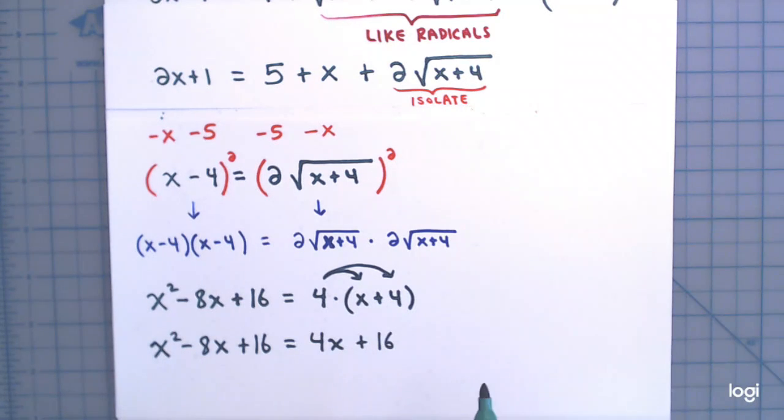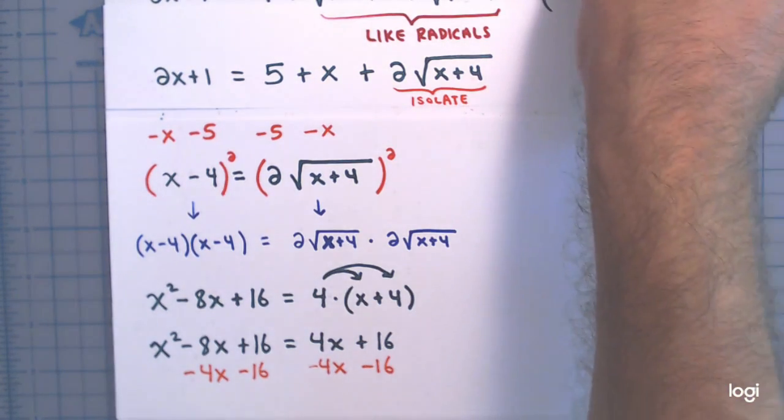And then, as I did with the quadratic equation in the first example, when I solve a quadratic, I'd like to start off by getting it in that standard form, where everything's on one side, 0 on the other. So I'll take everything to the left here. Let's take away 4x from both sides. Take away the 16.